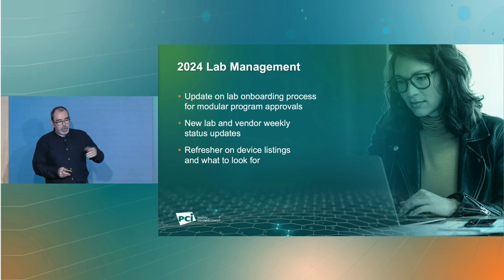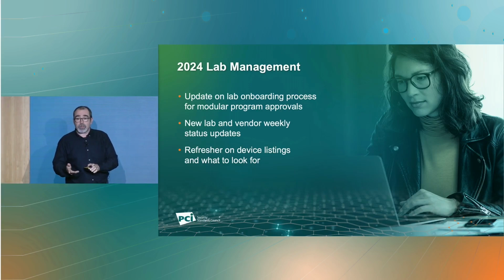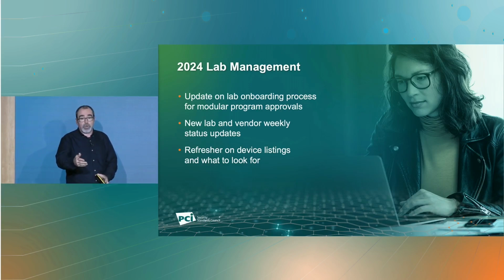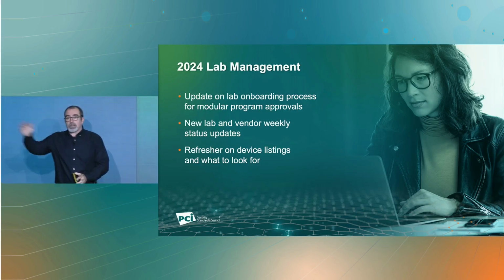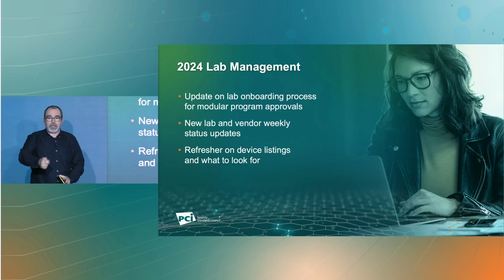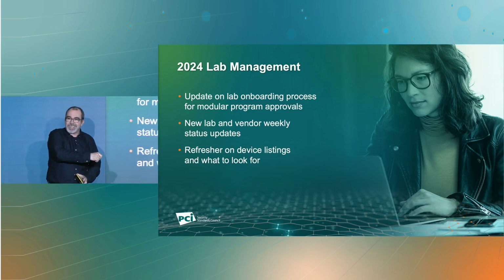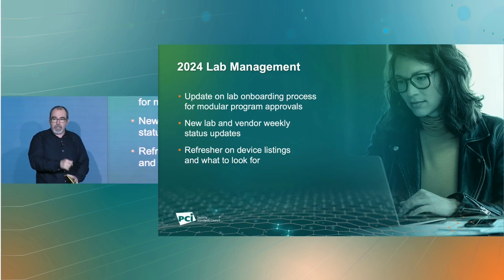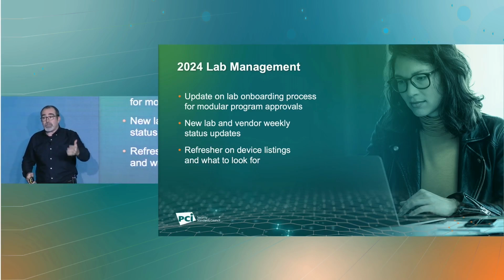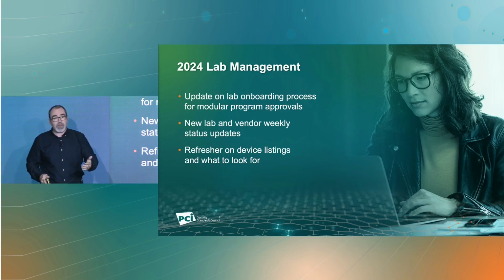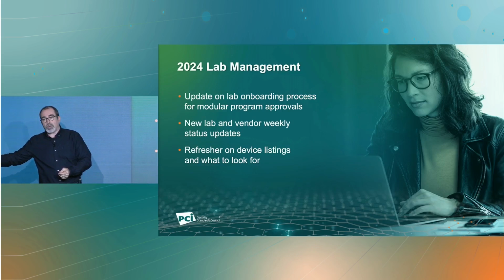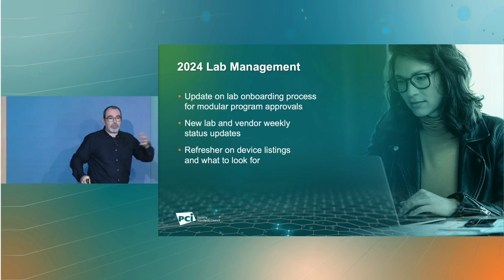We're also going to be talking about some of the information that we're providing to our vendors in terms of the review process. And all of this, if you were at the talk that I gave earlier on today, I was talking about how we're updating our standards, but it's not just about the standards, it's about the programs as well. And so all of these things I'm going to be talking about, this is all based on feedback that we've been receiving from our stakeholders in terms of we would like to be able to, for example, become an MPOC lab or a COTS lab without being a PTS lab first.